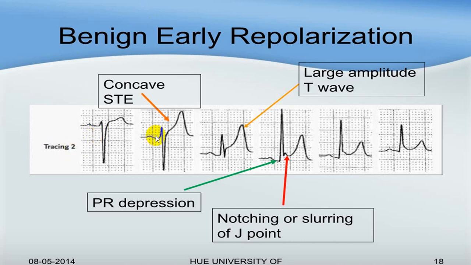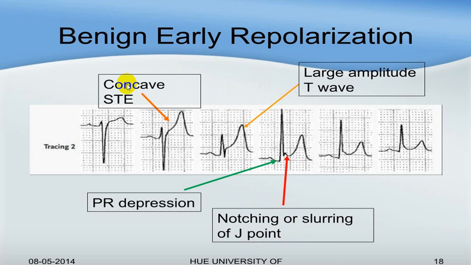So a concave ST segment, or we call it smiley, a tall T wave of large amplitude, a notch at the J point, PR depression, or a slurred J point: suspect benign early repolarization.